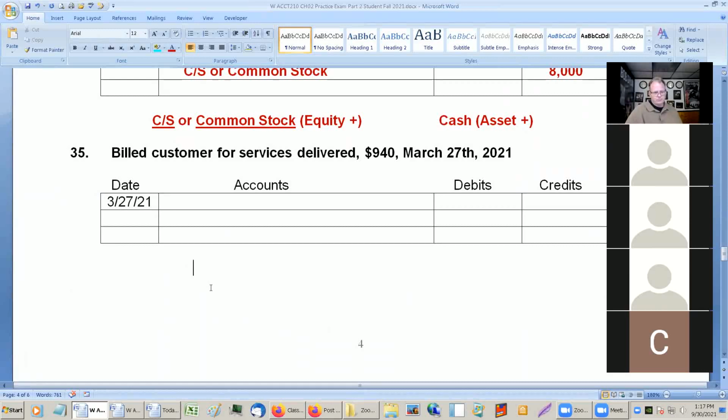I could be wrong, but I put accounts receivable and service revenues. You're right and right. Okay, so billed customers, accounts receivable, they owe us. And you could put AR. Asset going up. And service revenue, you could also just put revenue, either one's fine.